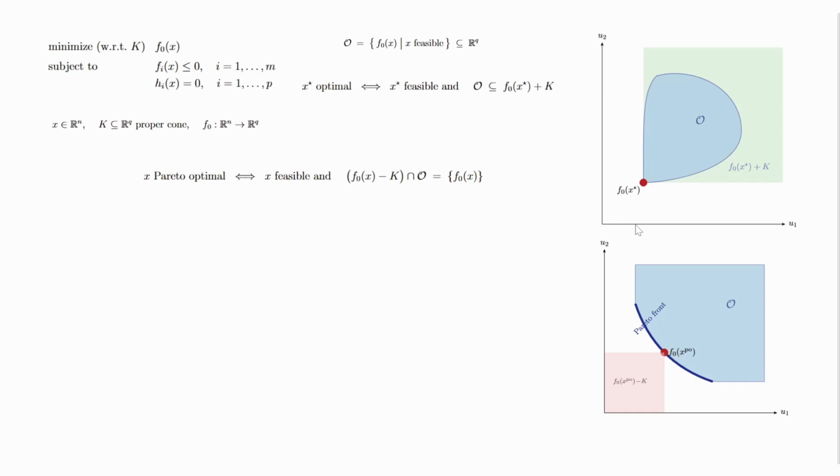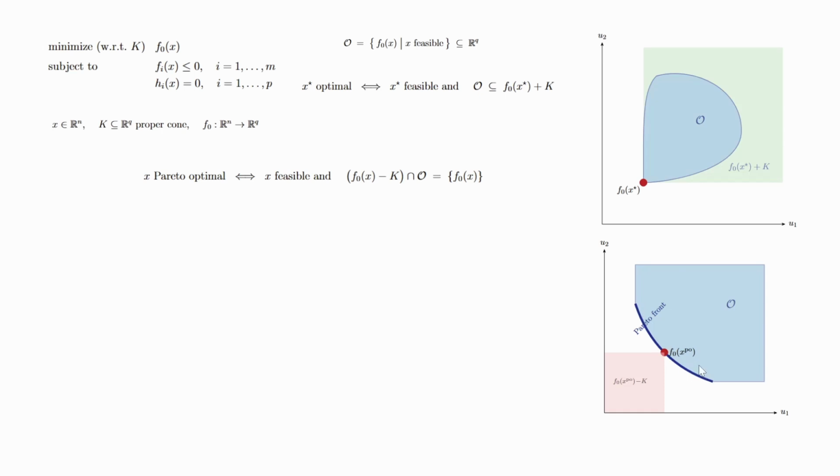Now notice a different geometric picture between the minimum and minimal elements. This is what you should keep in mind when we talk about these things. So unlike the optimal case, there's typically a whole set of Pareto optimal points, what's called the Pareto front. So that's this dark blue line, which are all sort of Pareto optimal.